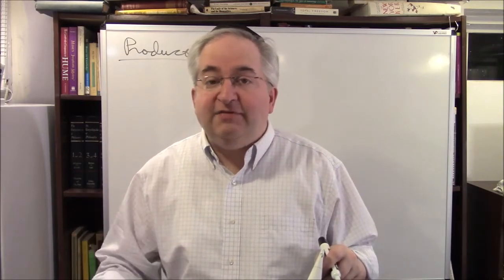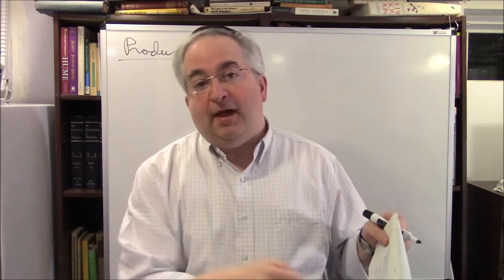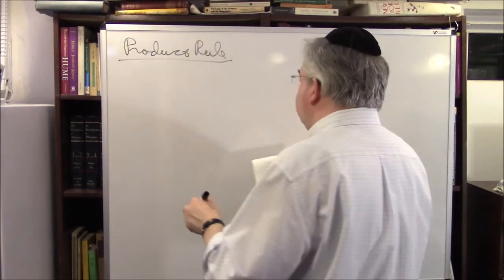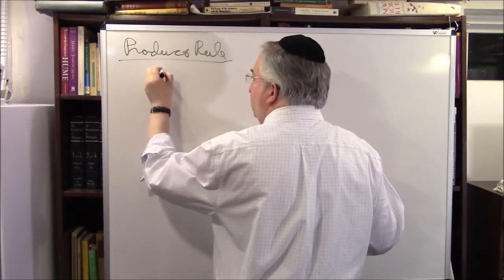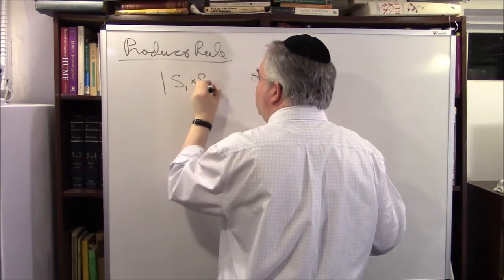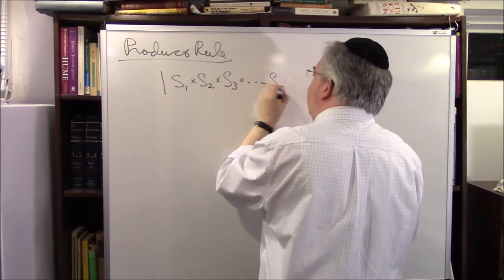And then at the end of that section, we talked about n-tuples of sets, where you have n sets, and you have an element from here, and an element from here, and an element from here. Okay? Here are the symbols: S1 cross S2 cross S3 cross Sn.